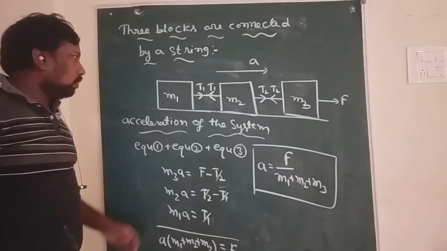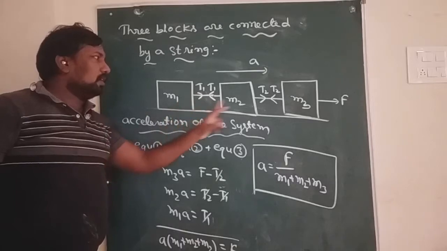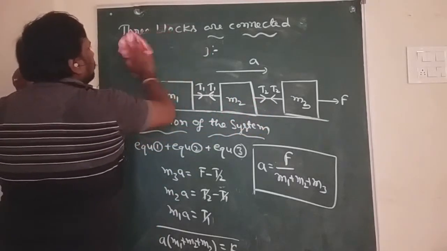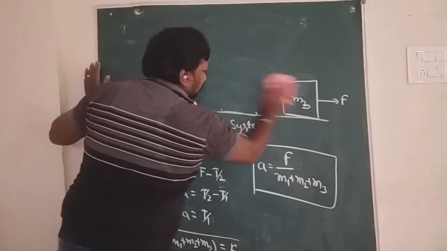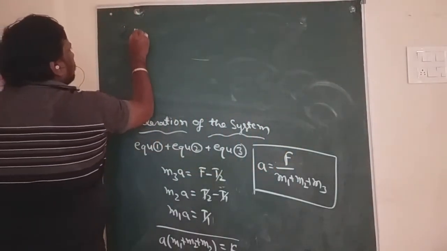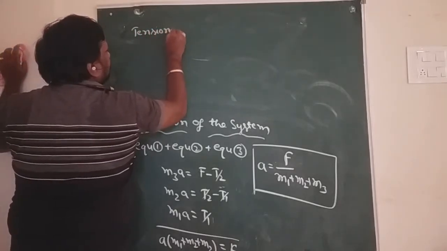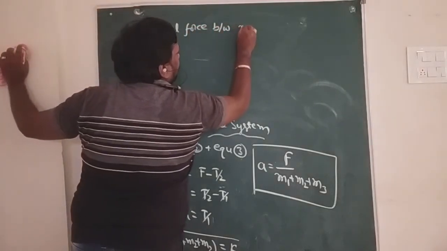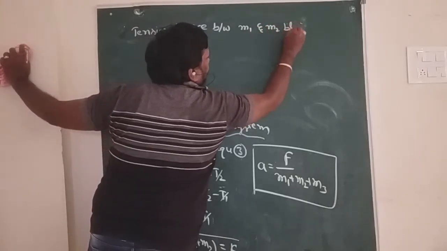Now we can find out the tension between the M2 and M1 block and between the M3 and M2 block. First, the tension force between the M1 and M2 block.